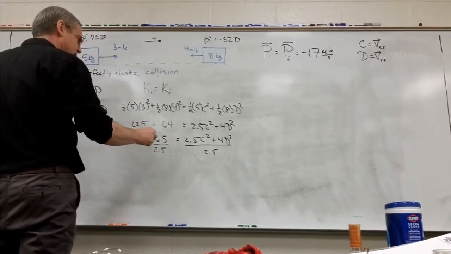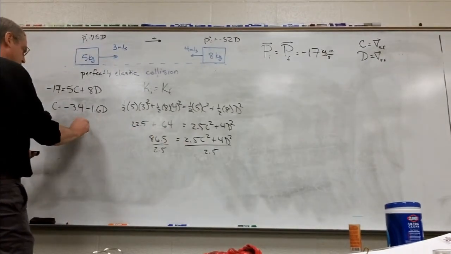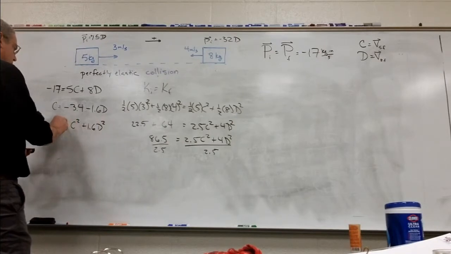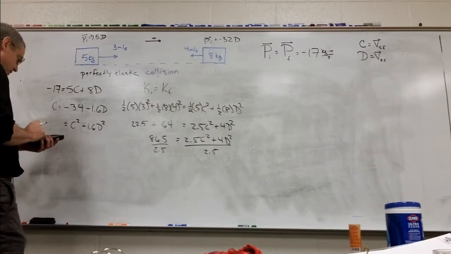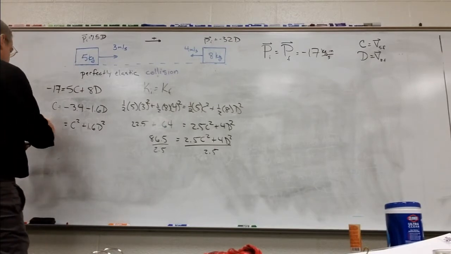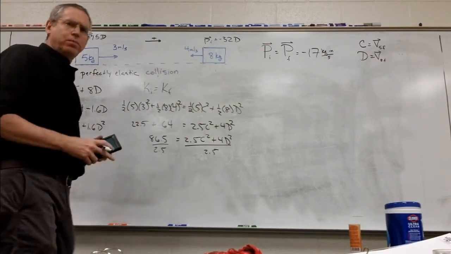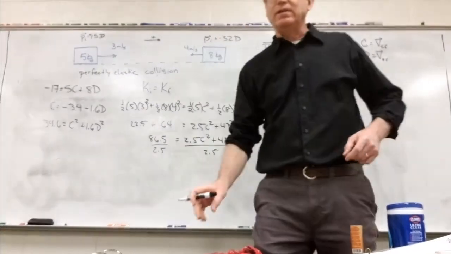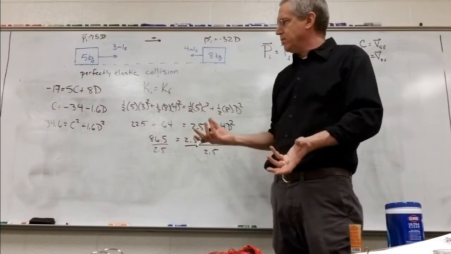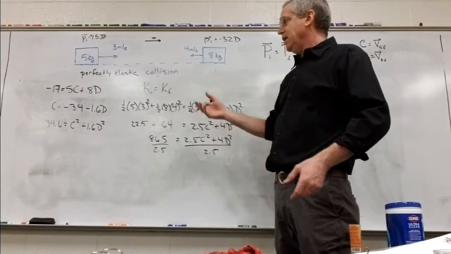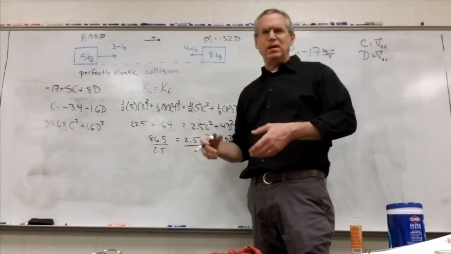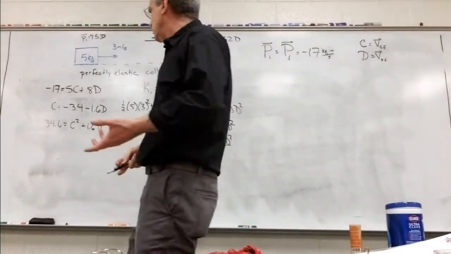What I end up with here is c squared plus 1.6 d squared, and then over on the other side, 86.5 divided by 2.5, 34.6. There's no particular reason why I have to do that. I just like dealing with simpler numbers, and since they're rational and finite, I can express these very nicely in decimal form, and so that's why I did it. It's not crucial mathematically to do that.